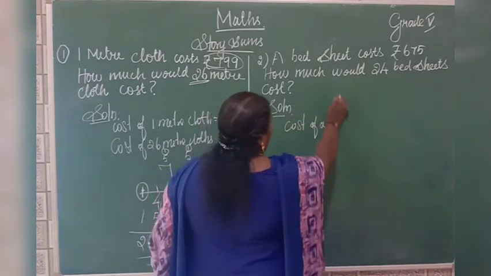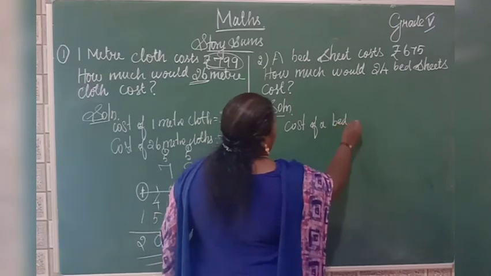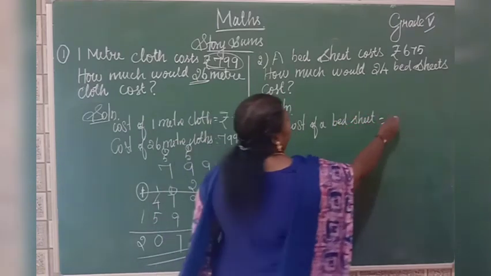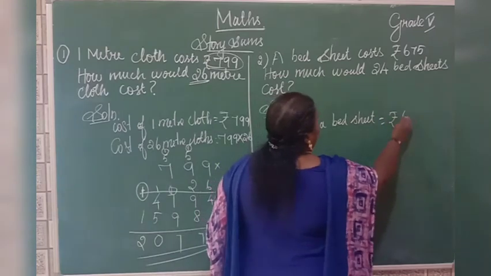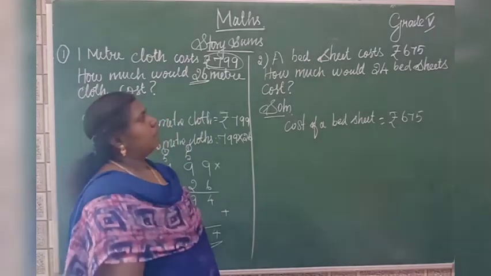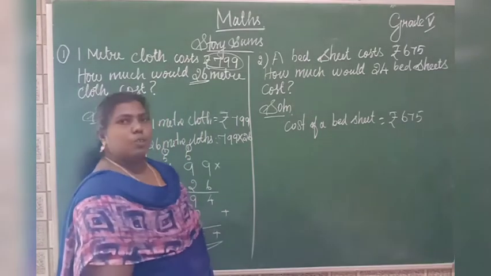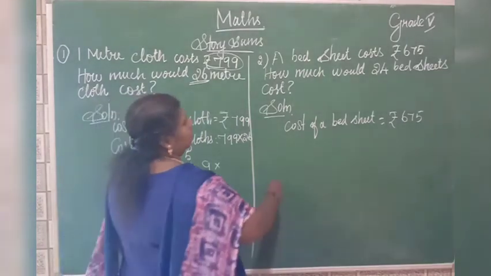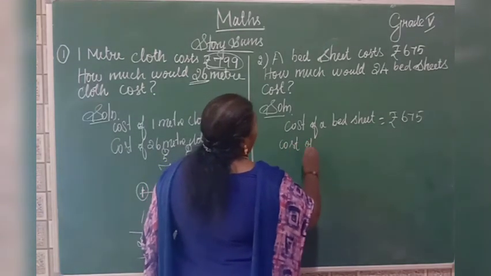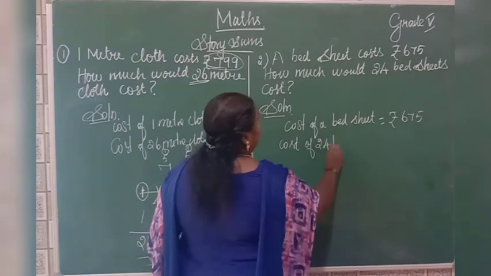Cost of a bed sheet is equal to rupees how much? 675, isn't it? Yes. Next, how many bed sheets do we want to calculate? 24. So cost of 24 bed sheets.